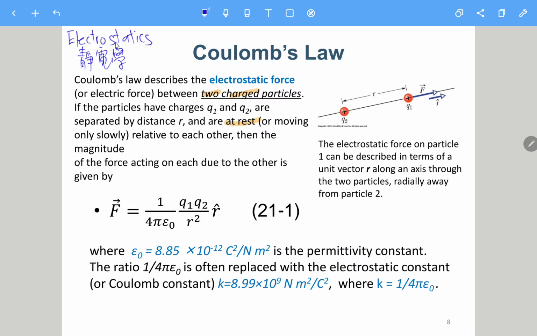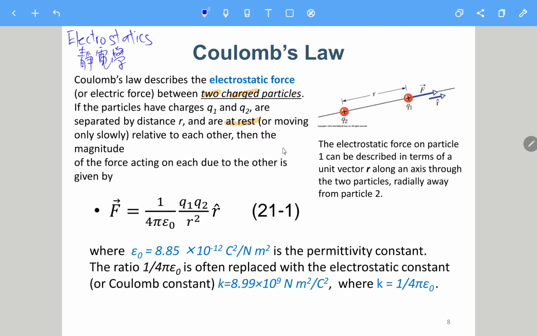So for electrostatics, you just make the assumption that originally they are at rest, or moving very, very slowly relative to each other. Otherwise, we need to consider the relativistic effect, which will be really, really complicated.